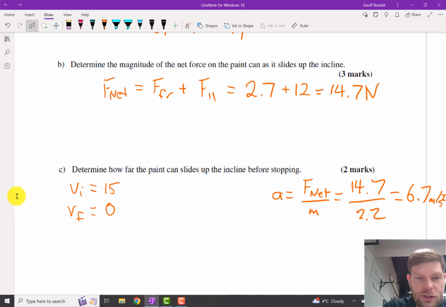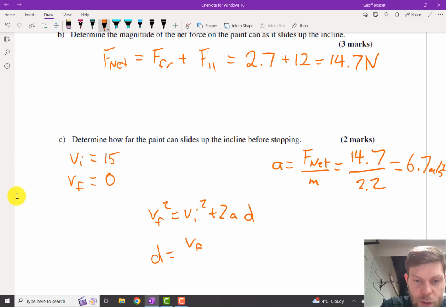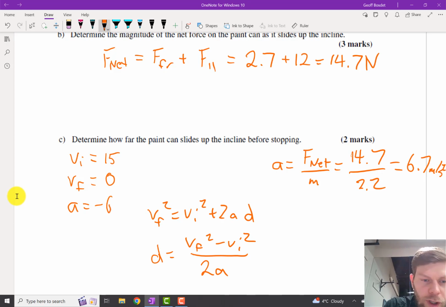And so then we can just solve for distance. We're using VF squared equals VI squared plus 2AD because we don't know time and we don't want to know time. So if we solve for D, that would equal VF squared minus VI squared all over 2A. I'm going to put A as negative 6.7 because I want a positive displacement. So that's making just downslope negative and upslope positive.